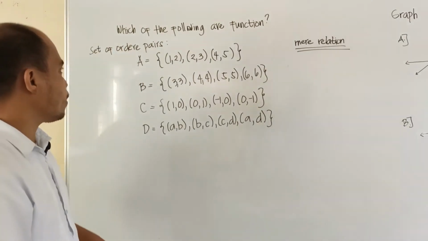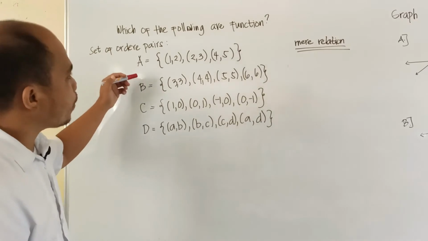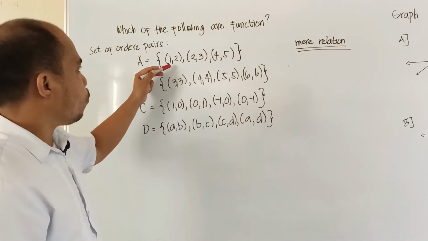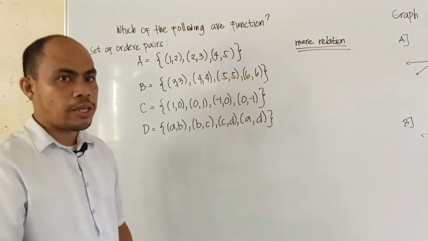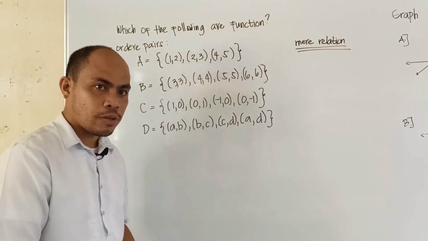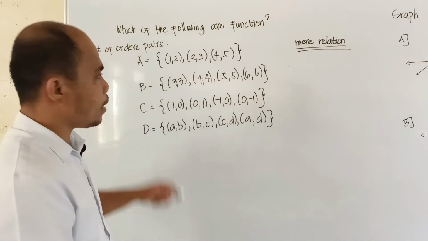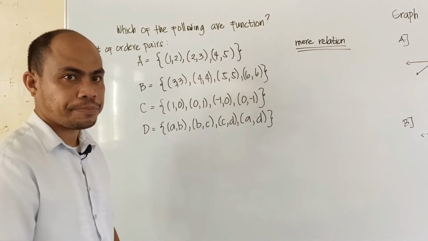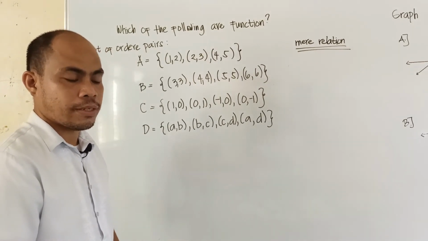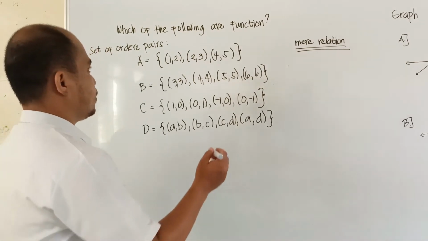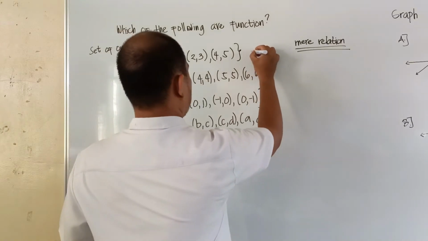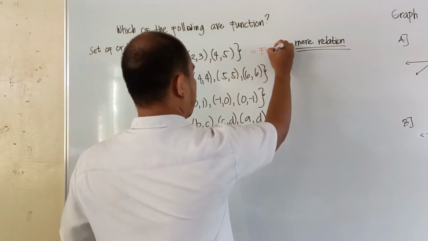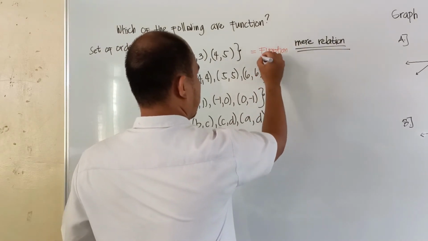Now, going back here, for set A, we have the ordered pairs 1, 2, 2, 3, and 4, 5. Based on our definition earlier, is set A a function or not? Of course, it is a function. Why is that?